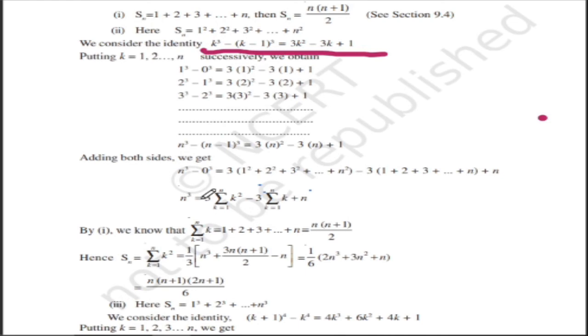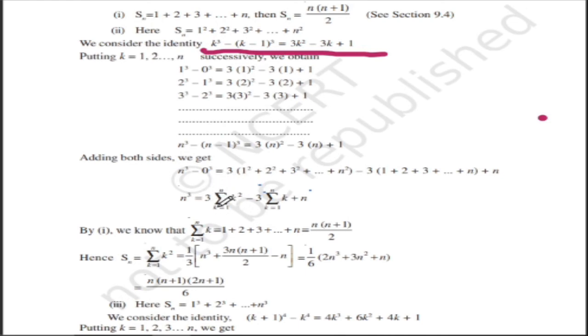Just see here. This is the symbol for the sum of first n natural numbers. So we can shift it to that side, and n can be transposed to the right hand side. Okay. So let's see your final equation.